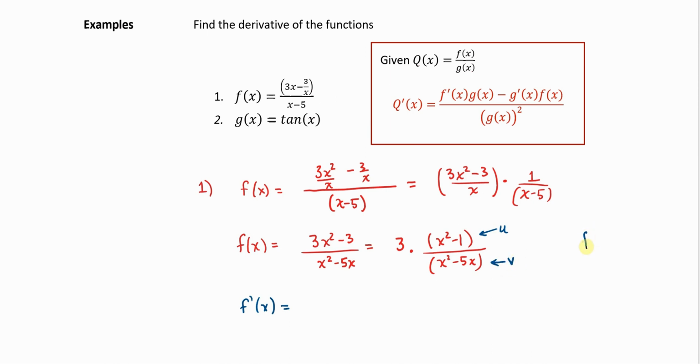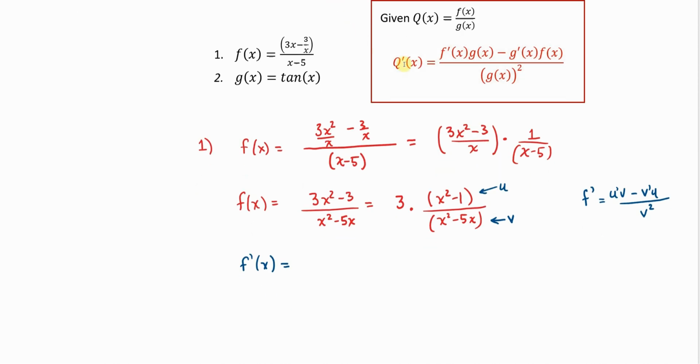So f prime, and this is just my side note, is going to be u prime v minus v prime u, all of this over v squared. The derivative of the top times the bottom minus the derivative of the bottom times the top, all over the bottom squared. The 3 is a constant, so it goes along with everything else. And then the real work happens here.